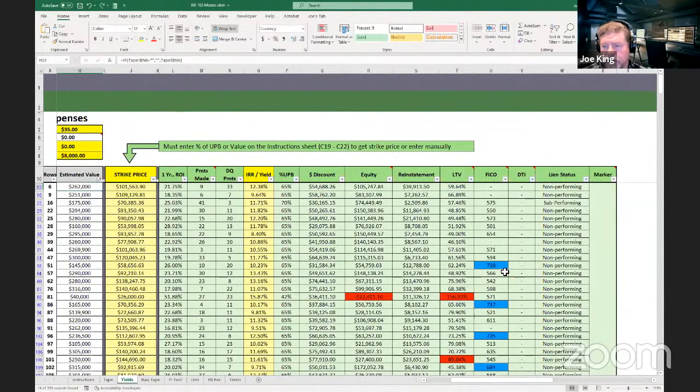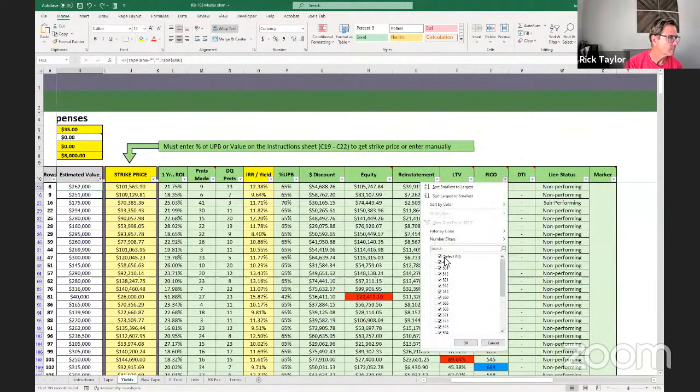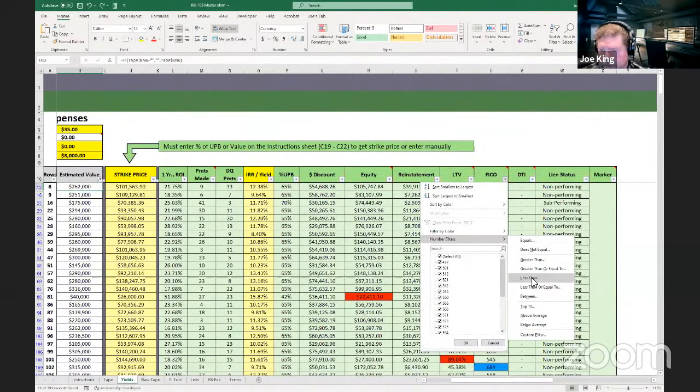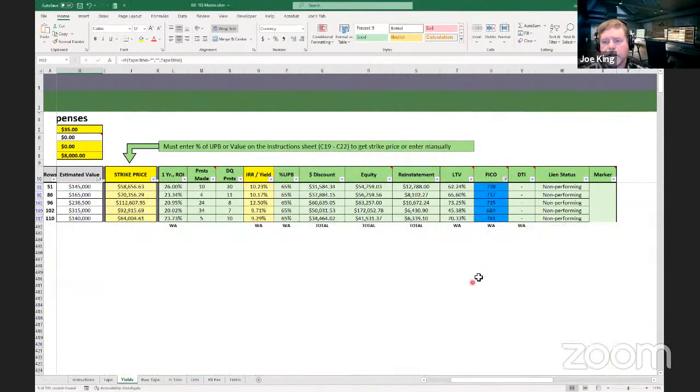I hit the wrong one. I'm sorry, 670 and below. So show me all of them that are less than, I'm sorry, greater than 670. Because we want their FICO scores to be above 670. So there we are. We're down to a handful.